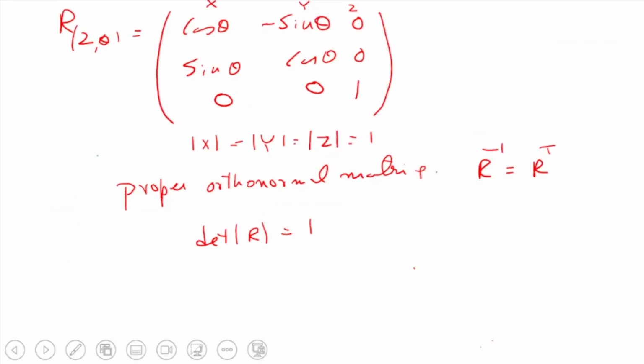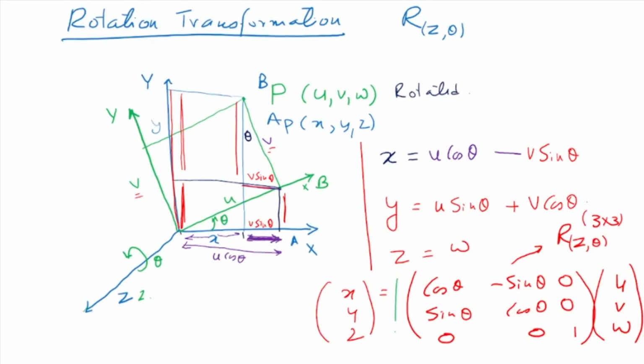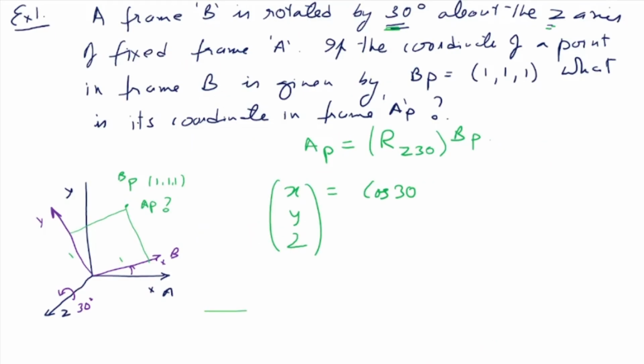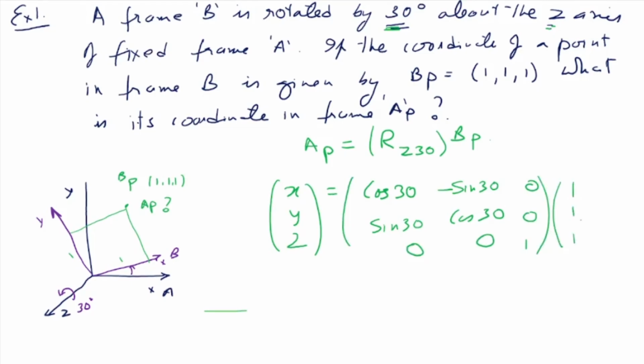This is the rotation about z-axis, right? So cos minus sine, sine cos 0, 0, 1. Let me write it, cos 30 minus sine 30, sine 30, cos 30, 0, 0, 1, 0, 0. And BP has been given by 1, 1, 1.